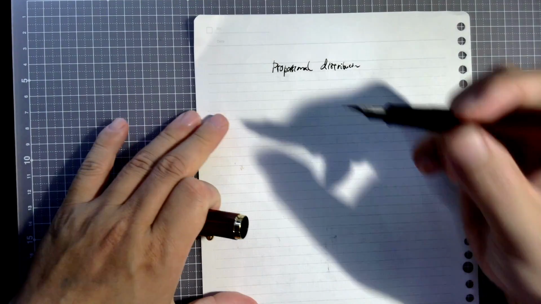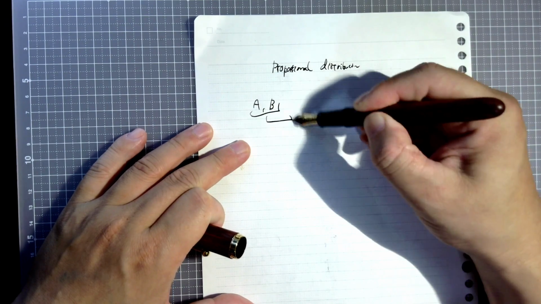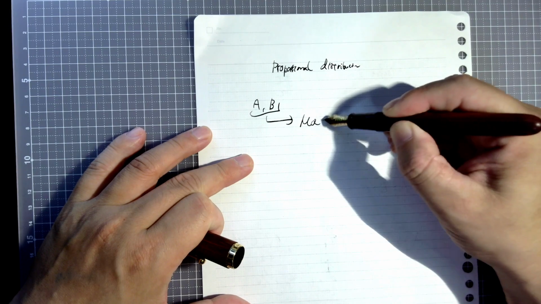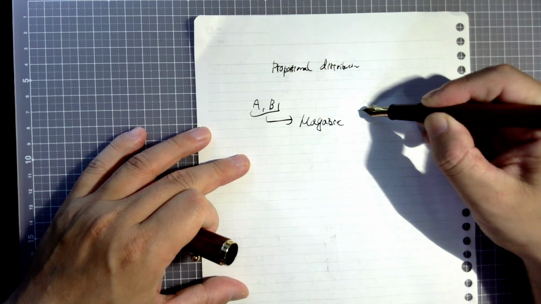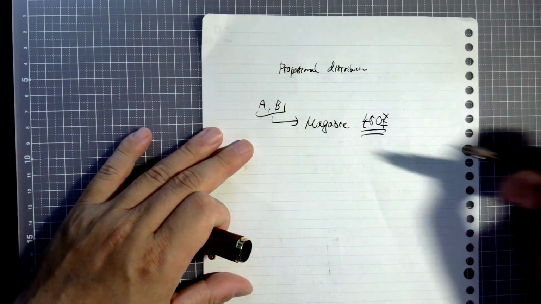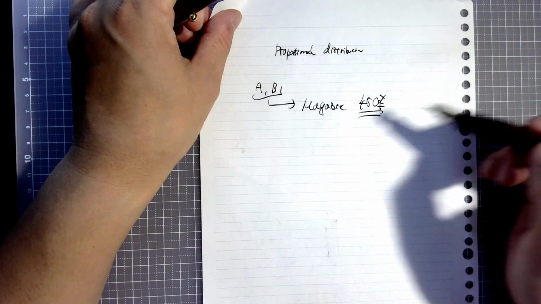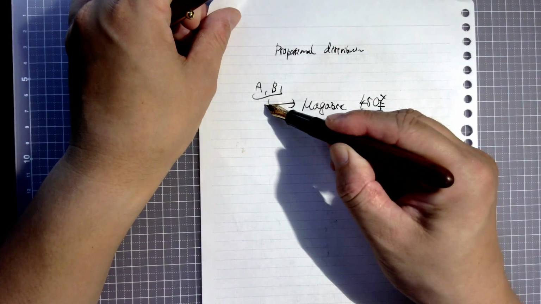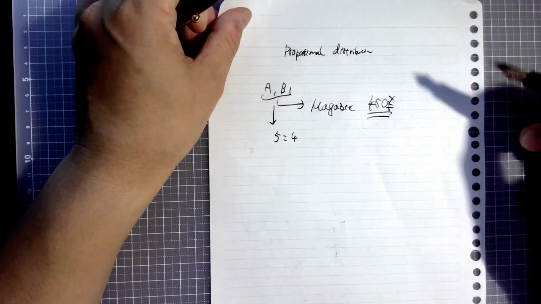There are two boys, Mr. A and B, and they bought a magazine that cost 450 yen, and the ratio of what each of them paid is 5 to 4.